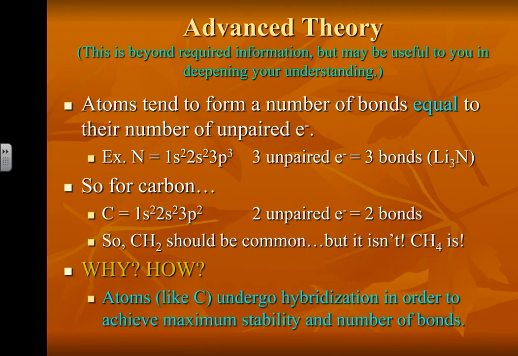Well, here's what happens. Atoms, like carbon, for instance, undergo something called hybridization in order to achieve maximum stability. Chemistry favors stability, and also maximum number of bonds. So when you think about the word hybrid, I'm sorry, I always go to vampire and werewolf movies. Inevitably, in one of those movies, there will be a vampire who falls in love with a werewolf, and they have a baby. And the baby now has some hybrid qualities, and it's both, but stronger and better and everything else.